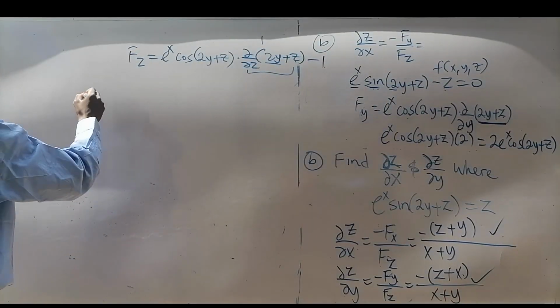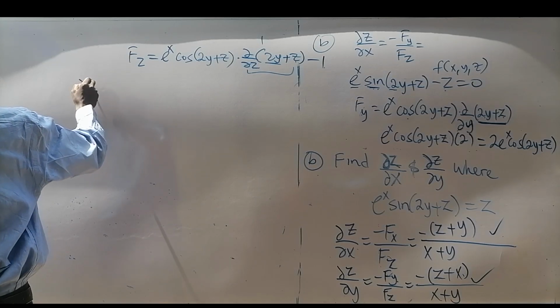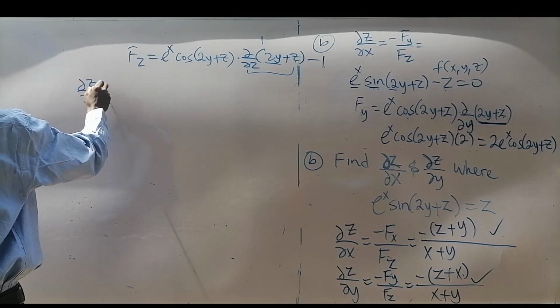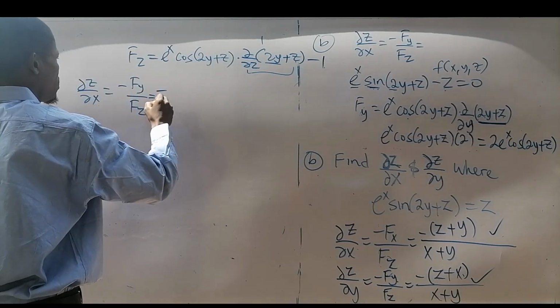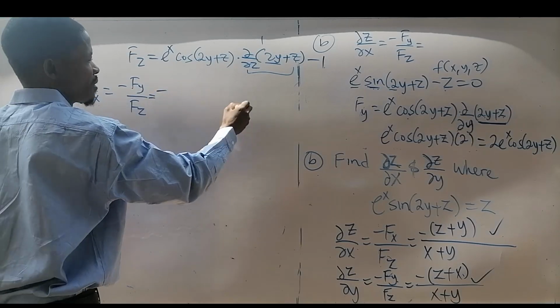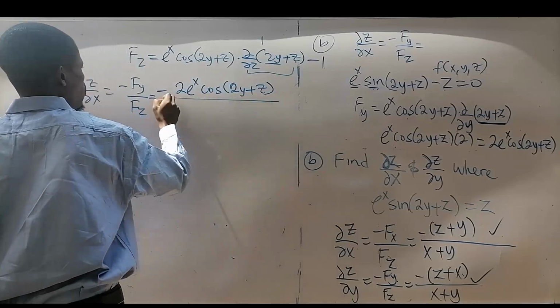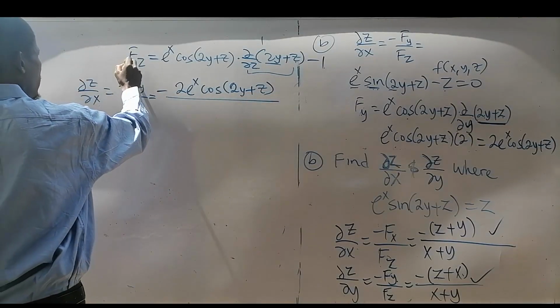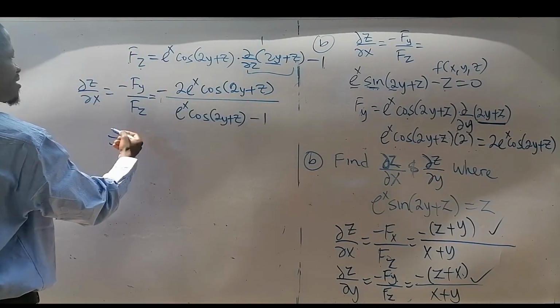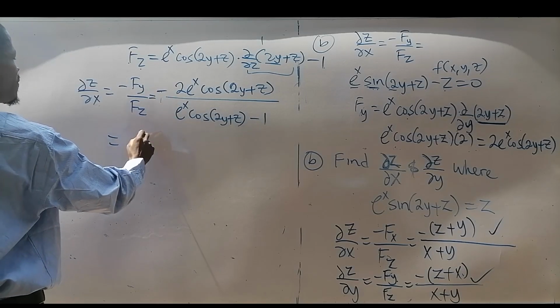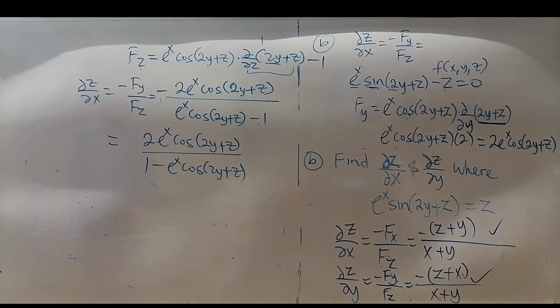Then we can go back to our formula. Del z del x will be equal to minus. We have this f subscript y. We have this, that's that, all over f subscript z. But you can write your answer as this. If this negative comes down, then we have, okay. So that's that on that case.